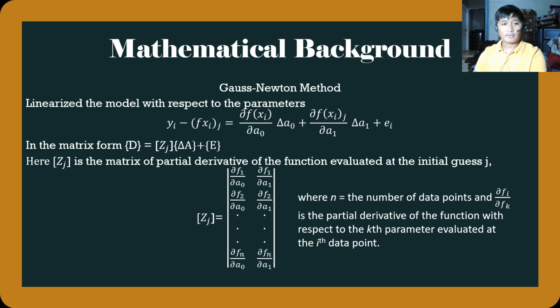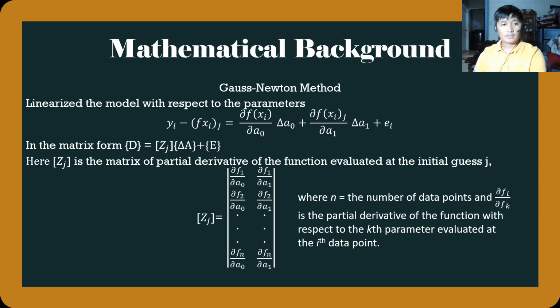Since the linear model involves only x and y, that's the difference for this equation. In matrix form, vector d is equal to matrix Z sub j times the vector delta A plus e.